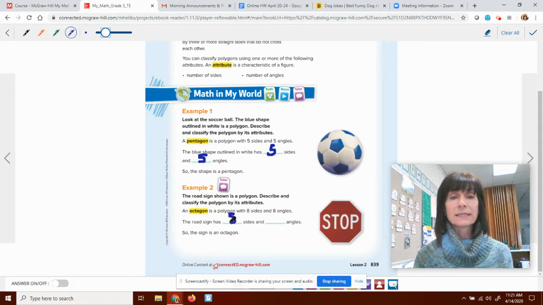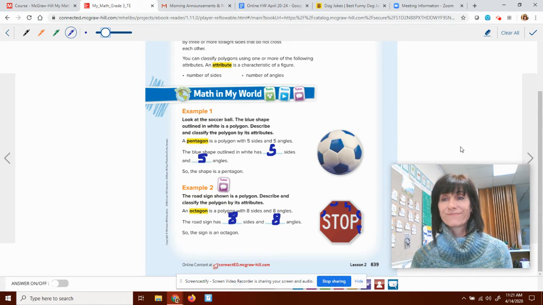A stop sign has 8 sides, and with 8 sides, I have 8 angles. Each of these, where the lines are coming together, is an angle. So an octagon has 8 angles. The polygon is an octagon. Let's go on to the next page.